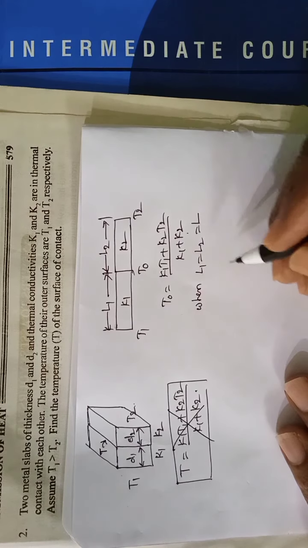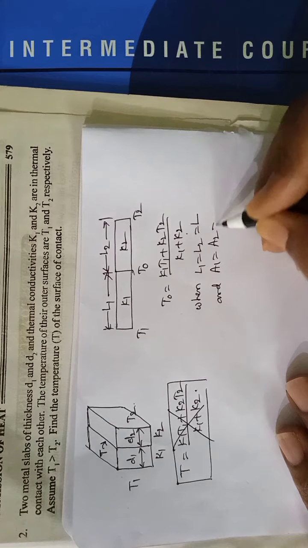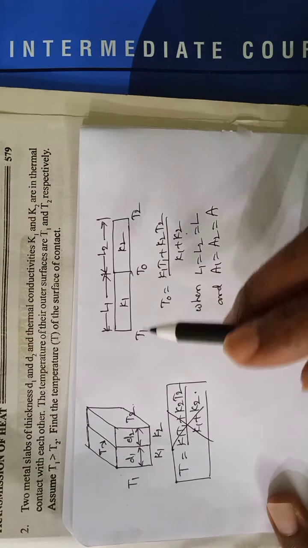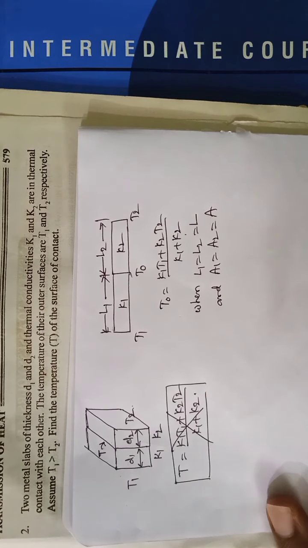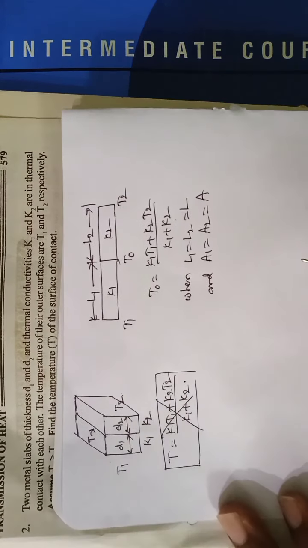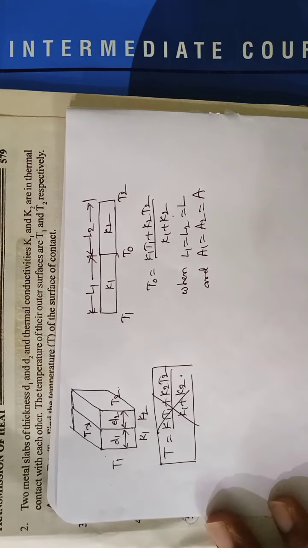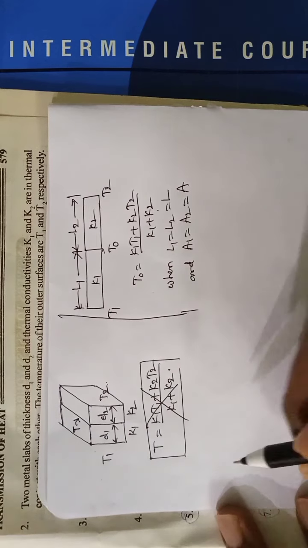When L1 is equal to L2 is equal to L and A1 is equal to A2 is equal to A. When lengths are equal and areas of cross sections are equal, then we get this formula. Here area of cross section is same, but the lengths are not same. Therefore we have to derive the formula.